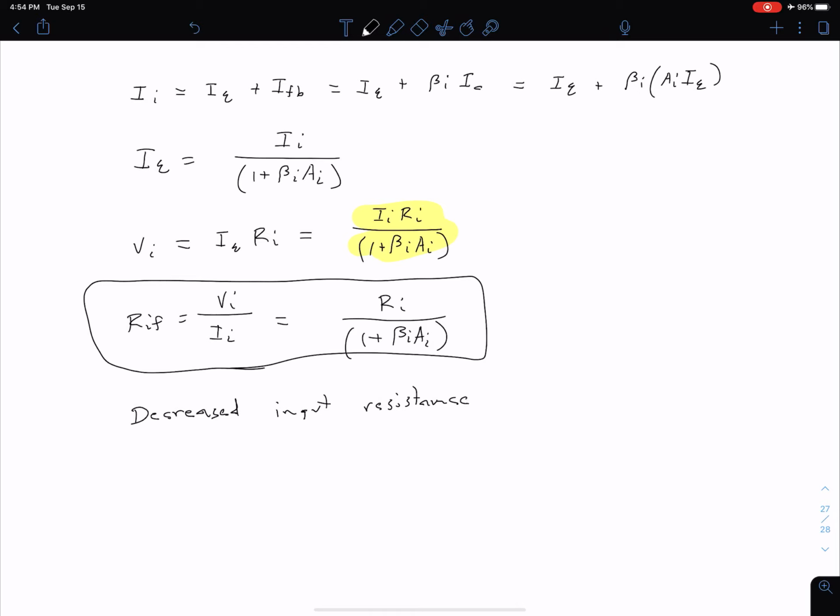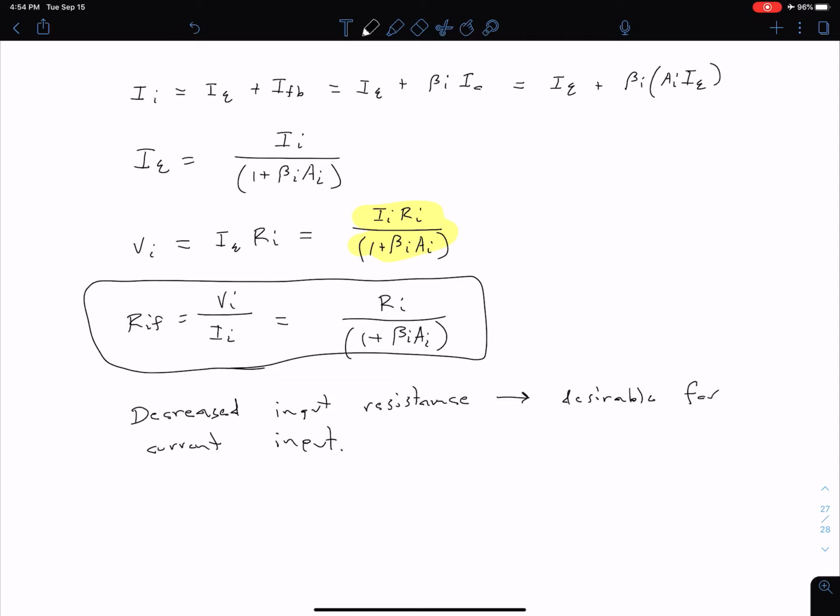And so, like we saw with our voltage source, this is actually going to be desirable for our current source. And so we can look at a simple current divider circuit for current input.